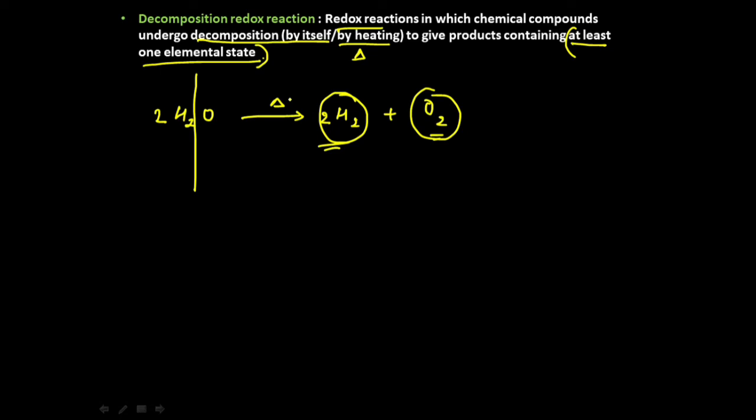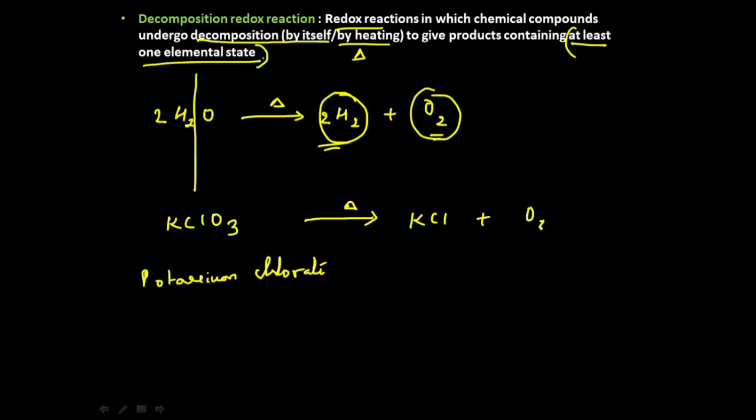Or else take another simple example, potassium chlorate, that is KClO3. When you heat potassium chlorate, you will get potassium chloride plus oxygen.